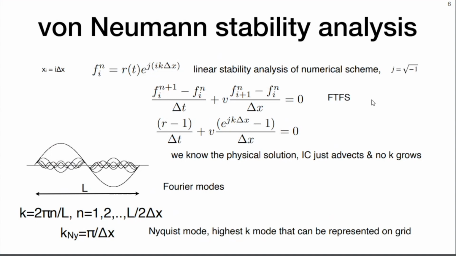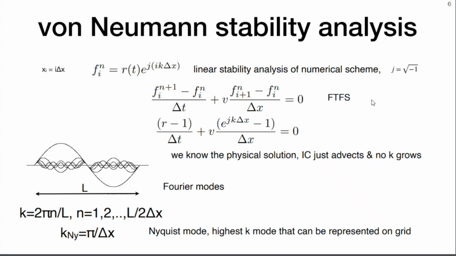What you say is, I'm actually looking at a particular Fourier mode, and you write f_i^n is equal to a function of time, which is R^n here, and the spatial dependence is just e^{ikx_i}. It's like a plane wave. Here the i in the exponent is the square root of minus 1, the complex i, and the subscript i is the grid label.